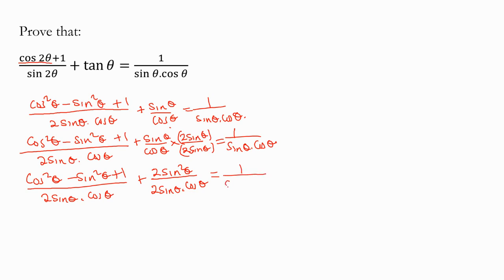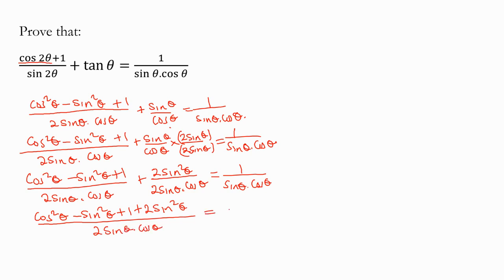So let's add cos squared theta minus sin squared theta plus 1 plus 2 sin squared theta, all this over 2 sine theta cos theta is equal to 1 over sine theta cos theta.